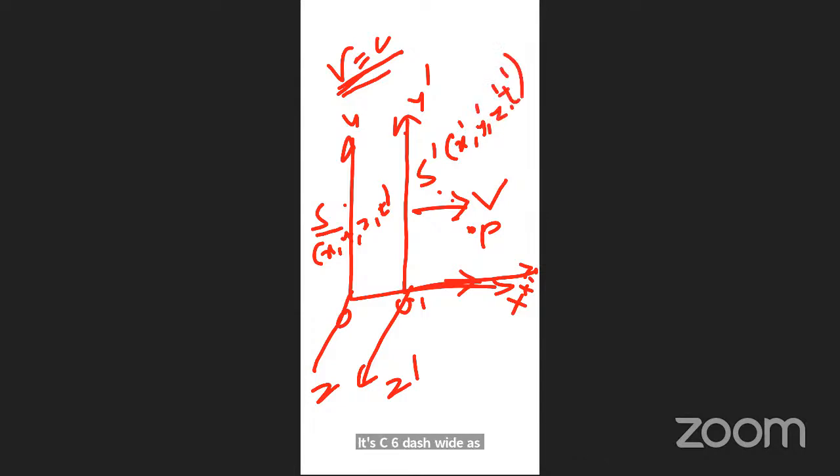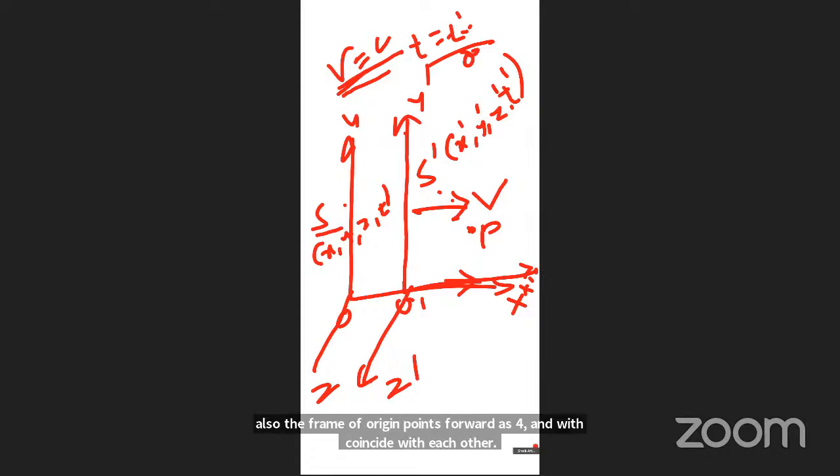At t and t dash equal to 0, the origins O and O dash coincide with each other.